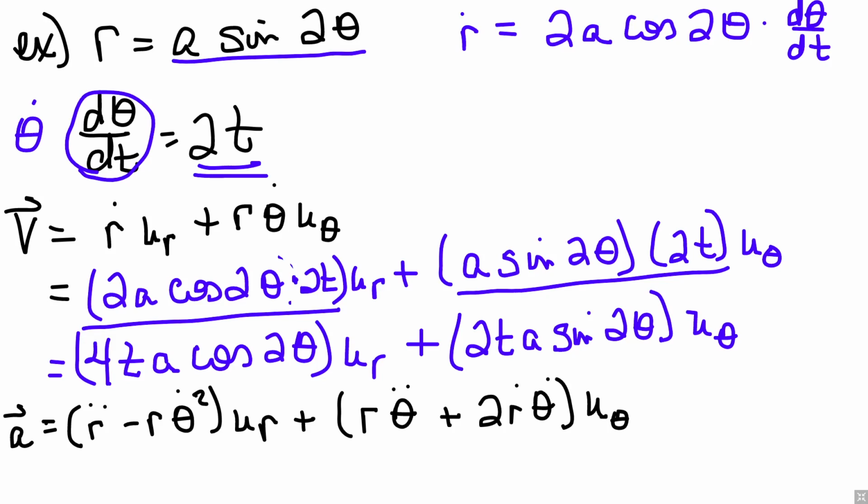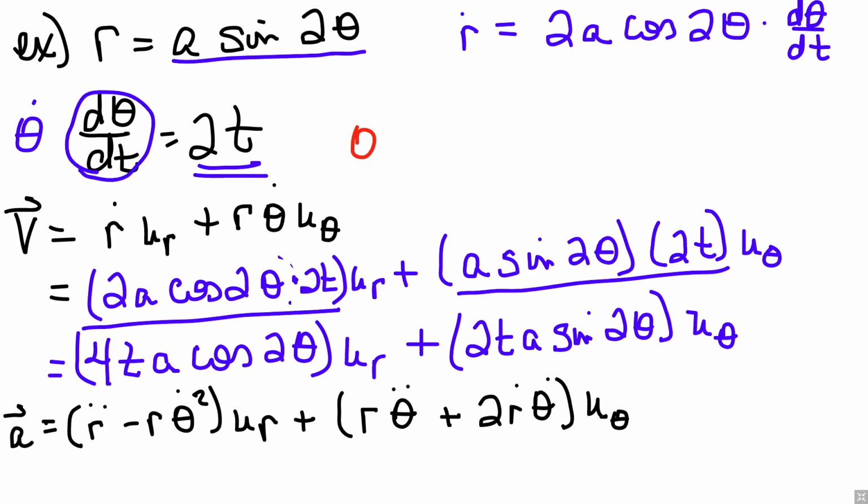If I take a look at this, I've got r dot and theta dot. I don't have r double dot, and I don't have theta double dot. So let's find those real quick.